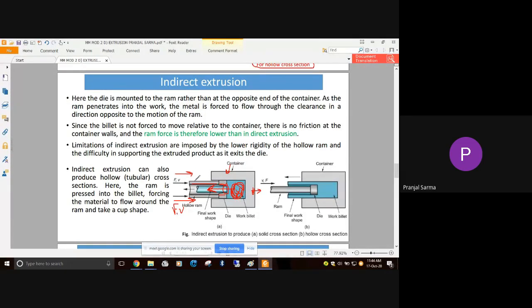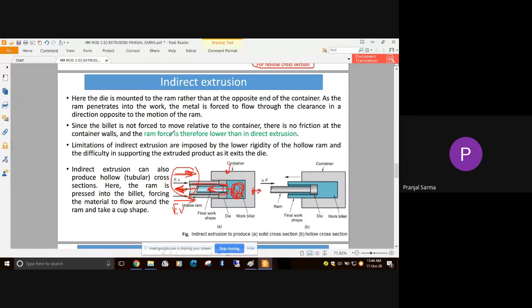So as you can see, the movement of the ram and the direction in which the extruded part comes out are opposite. So that's why it is called indirect. Whatever clearance is given here is itself the die opening, and the work will come out through it.